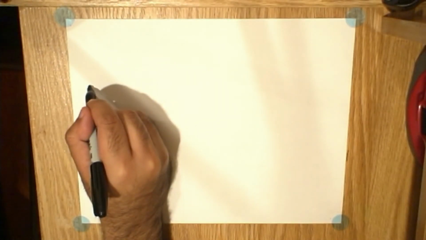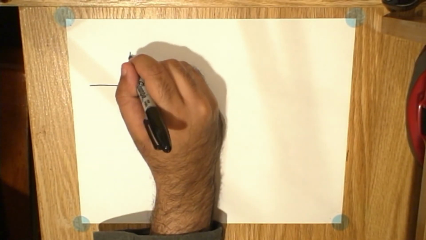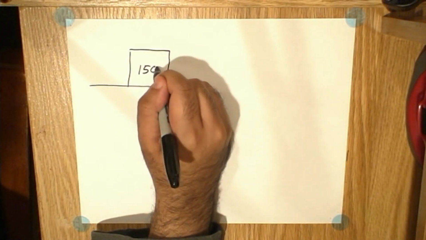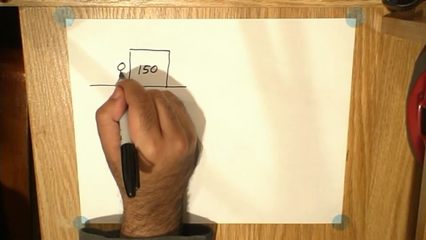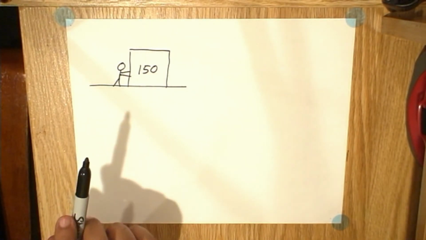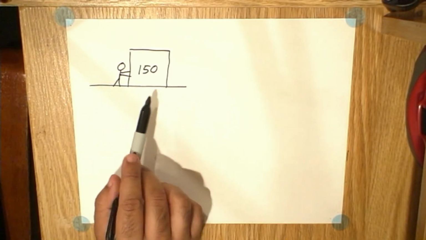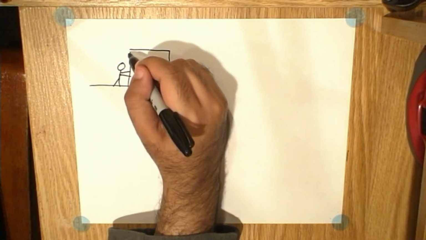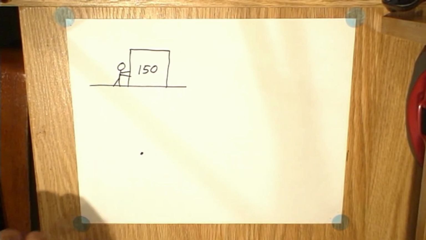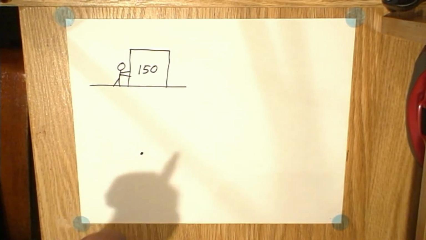In this question, we were told that we were pushing a 150 kilogram object across the floor. Now, something which is important over here is that we are already pushing it. This thing is already in motion, which means that it's going to be subject not to static friction, but rather to kinetic friction.